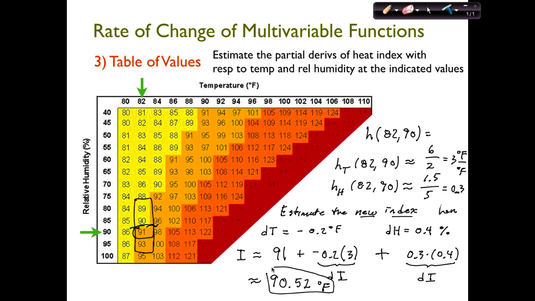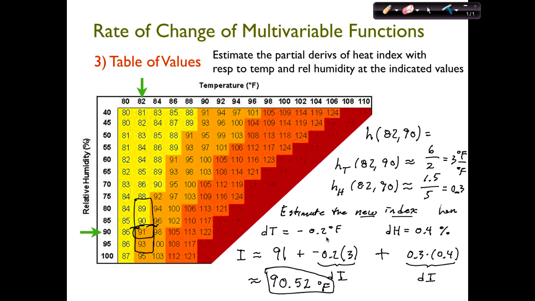Can't you also take the two individual values and just multiply them together and then add the 91? So you take the 0.4 and multiply it by the negative 0.02 and then add the 91. But this is the rate of change. It sounded like you want to multiply this by this. You multiply dT by dH, and you get negative 0.08, and you add that to 91.